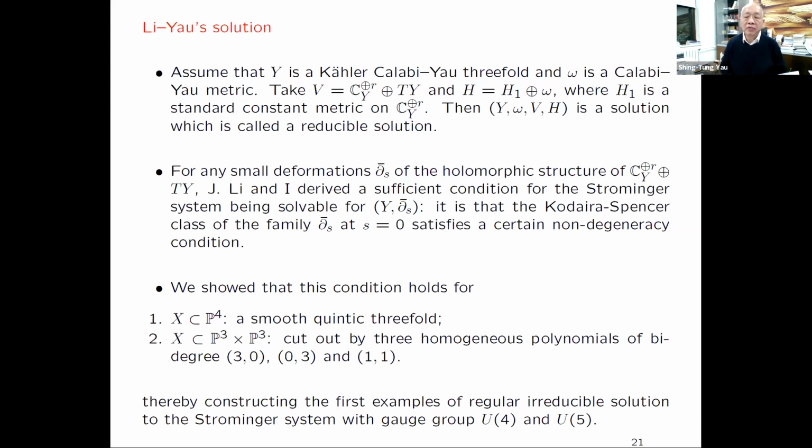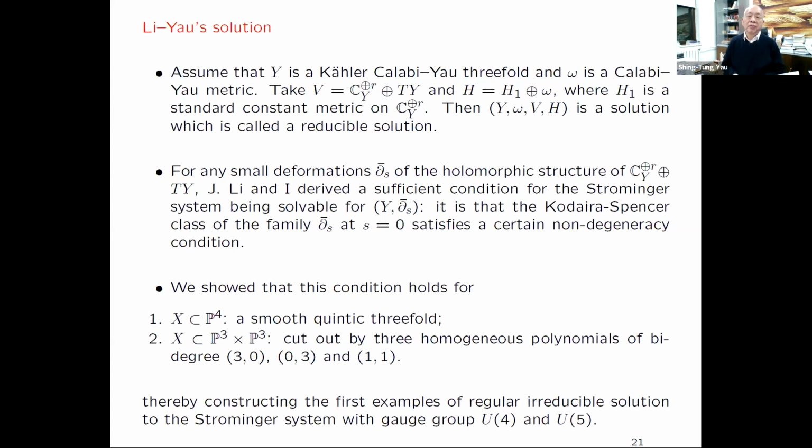Then we still solve the Strominger system in a trivial manner. All equations hold because the curvature of H1 is trivial. It doesn't give you any problem. So, for the tangent bundle plus several copies of the trivial bundle, we still solve the problem.